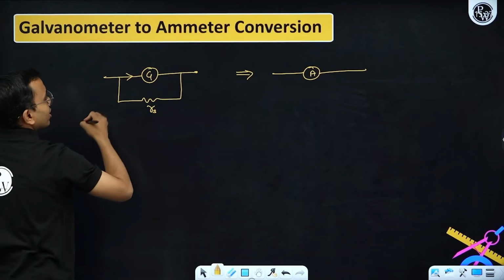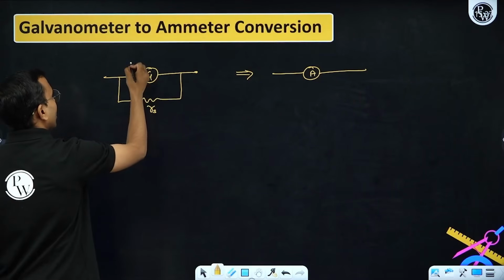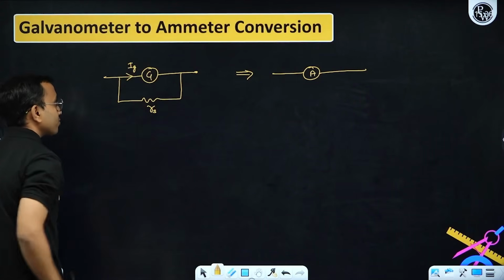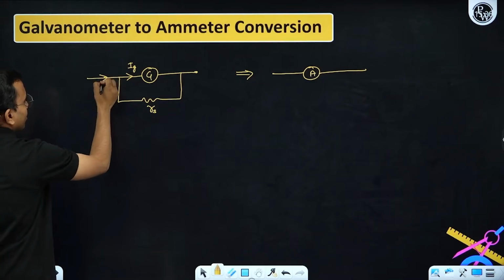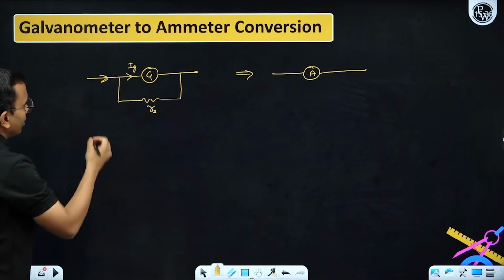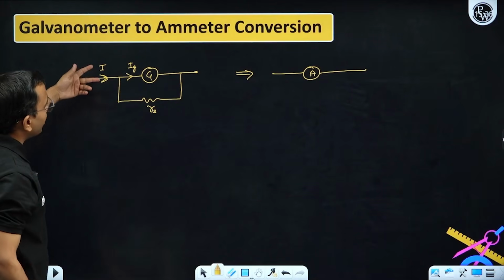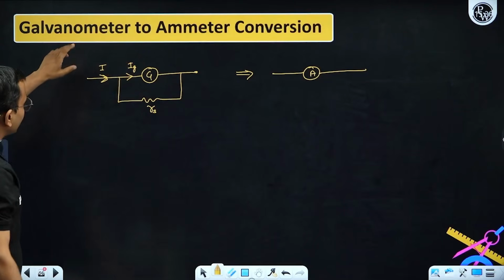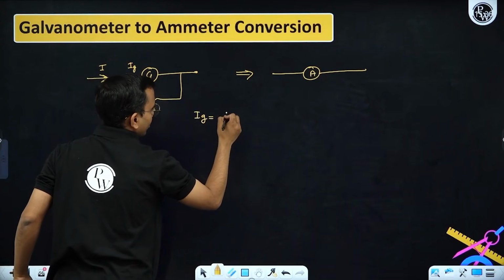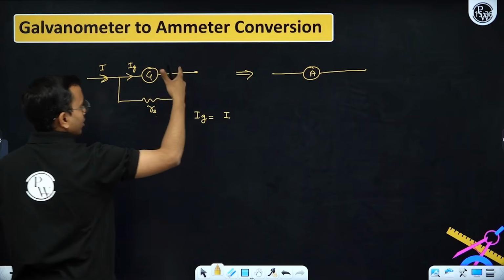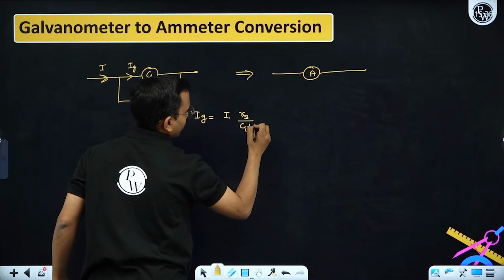The full scale deflection current of the galvanometer will be given to you. Let us take this as my Ig. Now the total current coming, let us take it as I. How will I be divided? In the opposite ratio of the resistances. So Ig is equal to I into the opposite ratio of the resistance, Rs divided by G plus Rs.